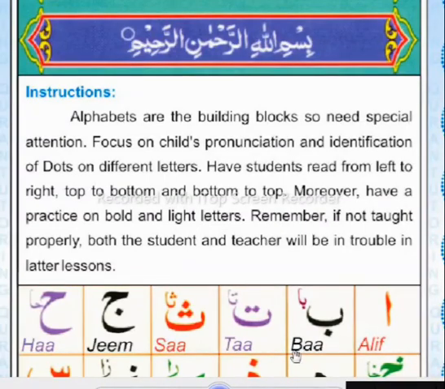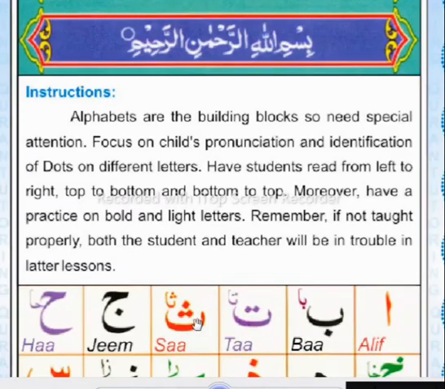It can be pronounced B-A-A, Ba. Nice, mashallah. The same boat-like shape letter is here. It has two dots, and the two dots are on the top. So this is pronounced a bit differently, and this is called Ta. Ta. Yes, T-A-A, Ta. MashaAllah.